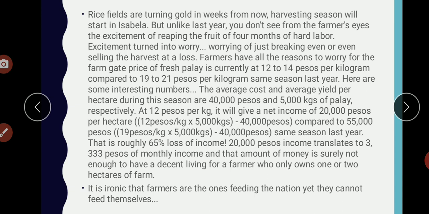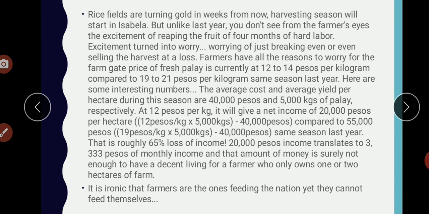At 12 pesos per kilogram, it will give a net income of 20,000 pesos per hectare, meaning the 20,000 is the net income, because 5,000 times 12 will give you 60,000. But you have to deduct from it your expenses during the land preparation, the inputs like fertilizers, and all your expenses for producing 5,000 kilograms, and that is 40,000. So the net income is 20,000 pesos.